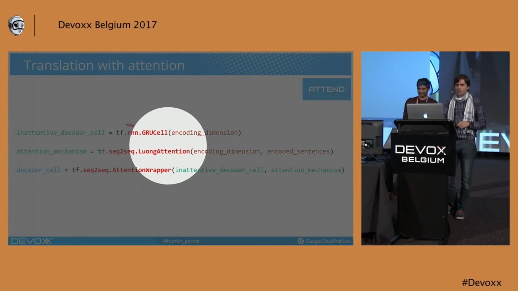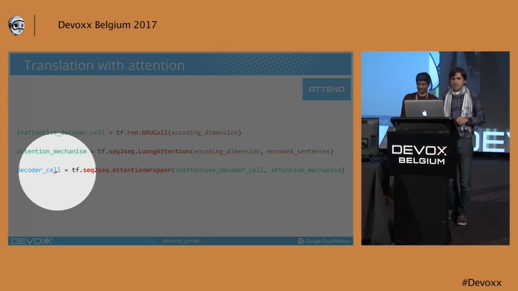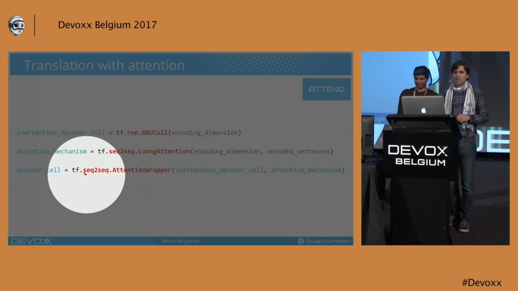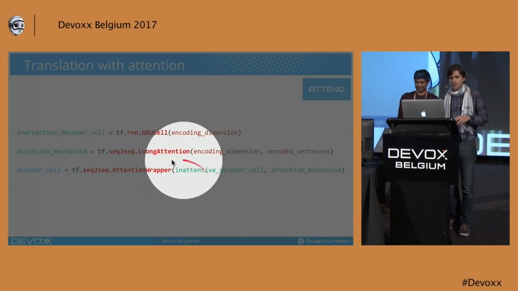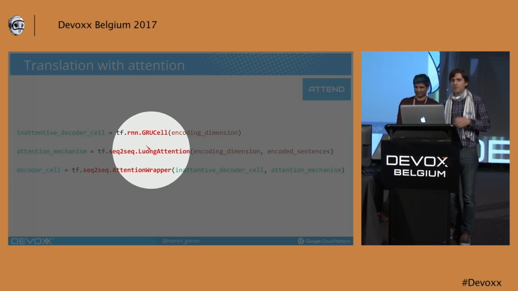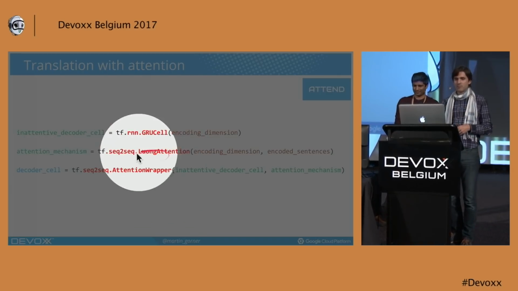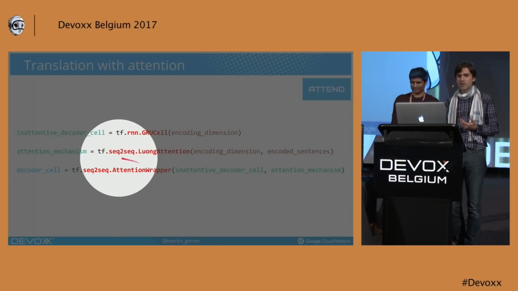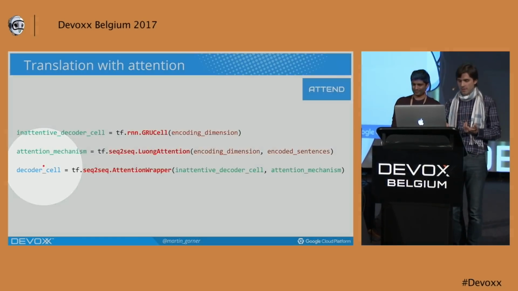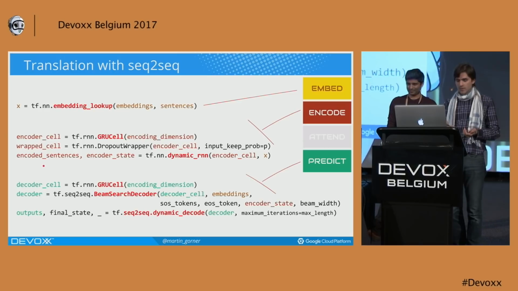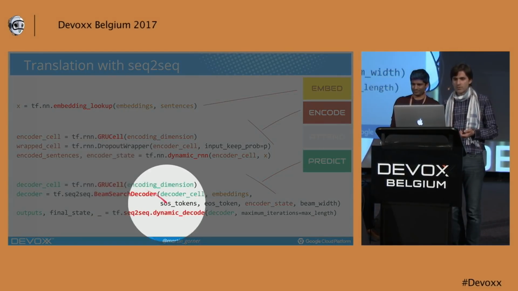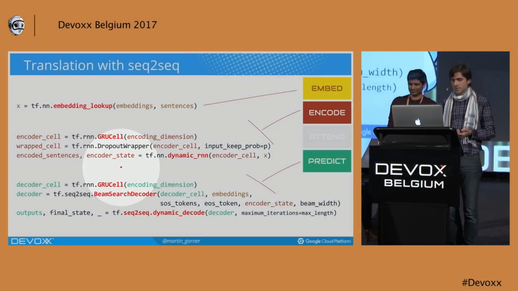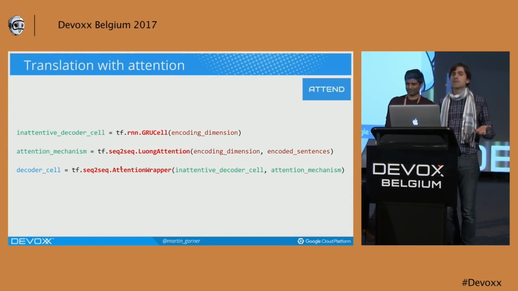I wrap my cell in Luong attention, and then I use this API, the sequence-to-sequence attention wrapper. So that's what I write. Here I just instantiated my attention, and I wrap my cell into this attention wrapper to obtain my decoder cell. And then I just plug this decoder cell wherever my GRU cell went previously in the decoder. That's it.